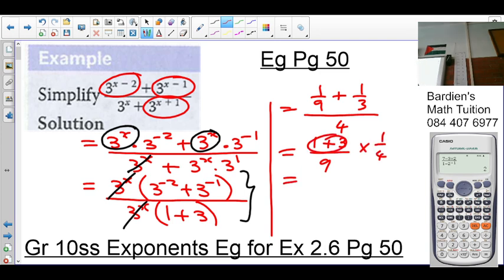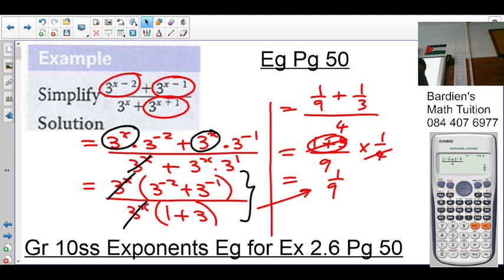So cancel that 4, which leaves you with 1 over 9. But as I said, you're going to plug it in the calculator. It's going to be 3 to the negative 2 plus 3 to the negative 1, over 4. It's 1 over 9. Okay. Guys understand? With that, you should be able to do exercise 2.6.